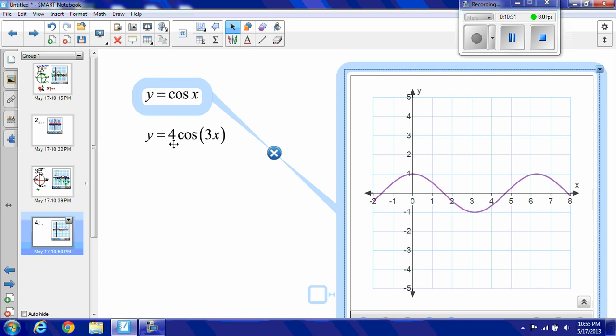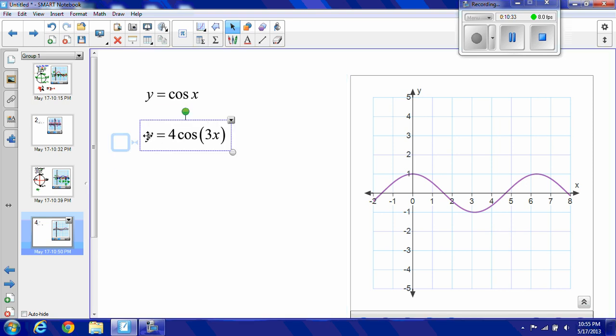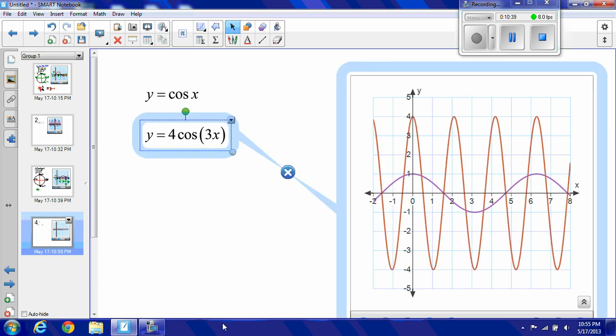Well, now I'm going to graph the 4 cosine 3x, not with the negative sign yet. Let's see what this one looks like. There we go. Okay. So clearly the amplitude is way increased. I'm starting now at 4, and I'm going all the way down to -4. And my period now is, if you remember, 2 pi over 3, which is approximately 2.1.